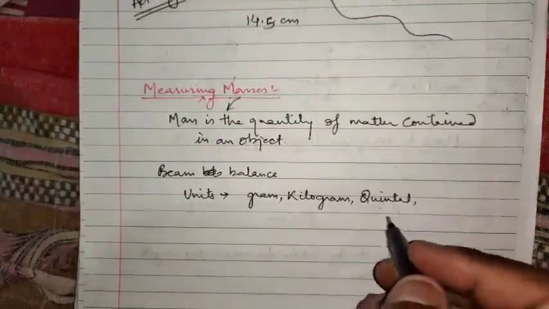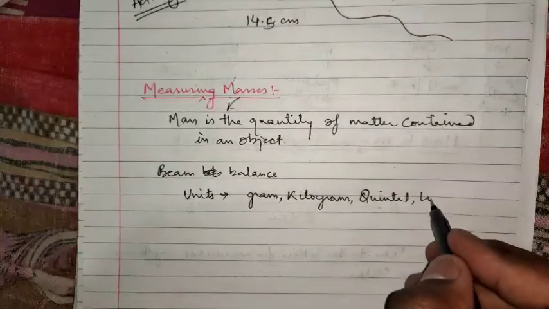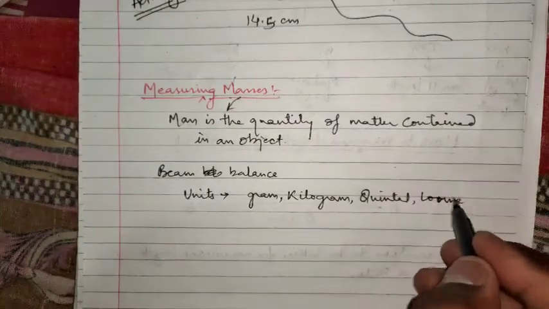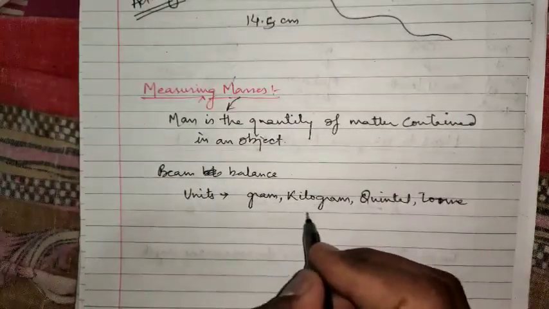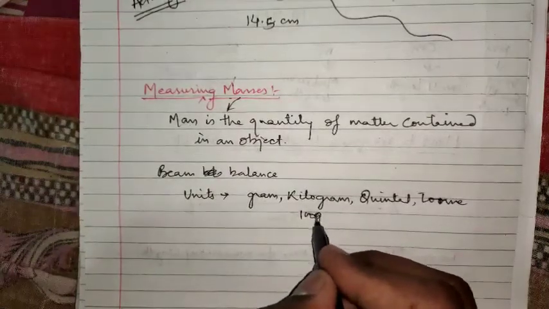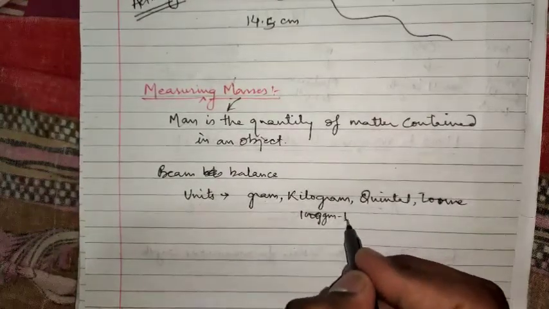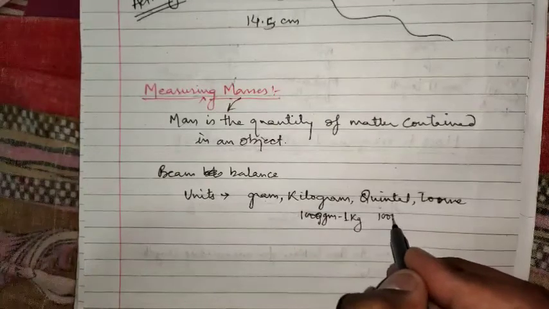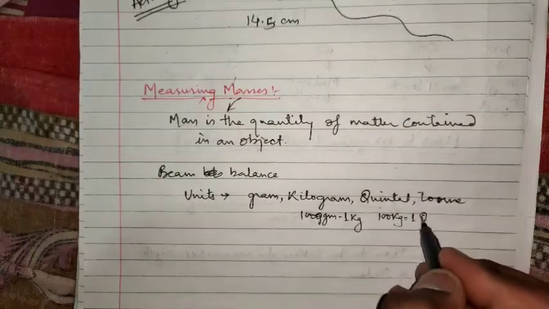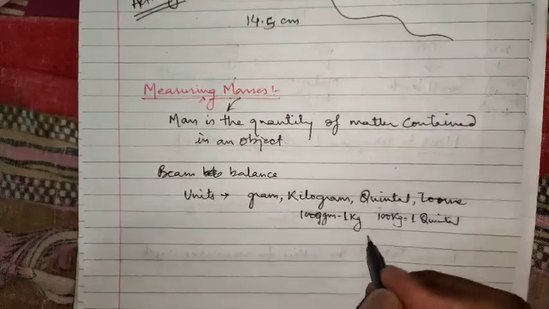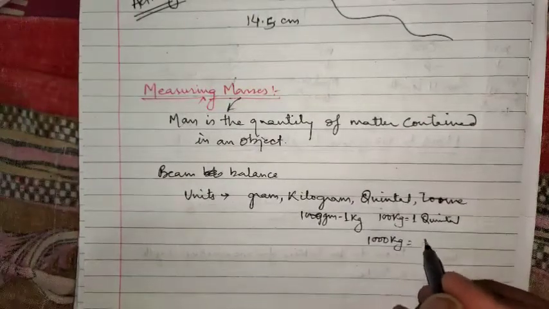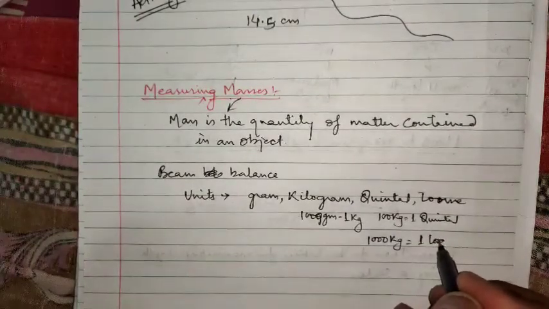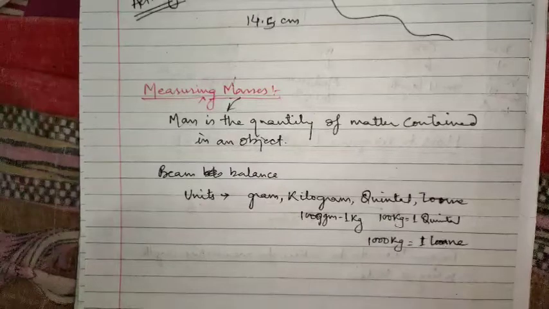If the object is heavier than a quintal, then we can measure in ton. Like gram, kilogram. 1000 gram is equal to 1 kilogram. 100 kg is equal to 1 quintal, and 1000 kg is equal to 1 ton. These are the measurements.